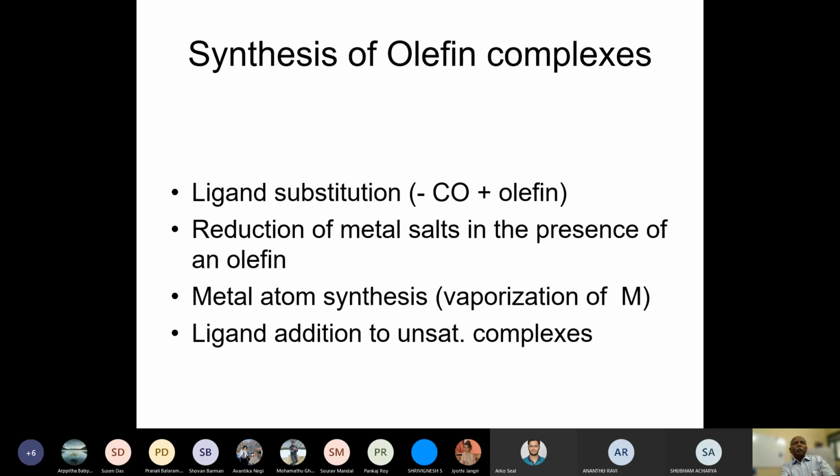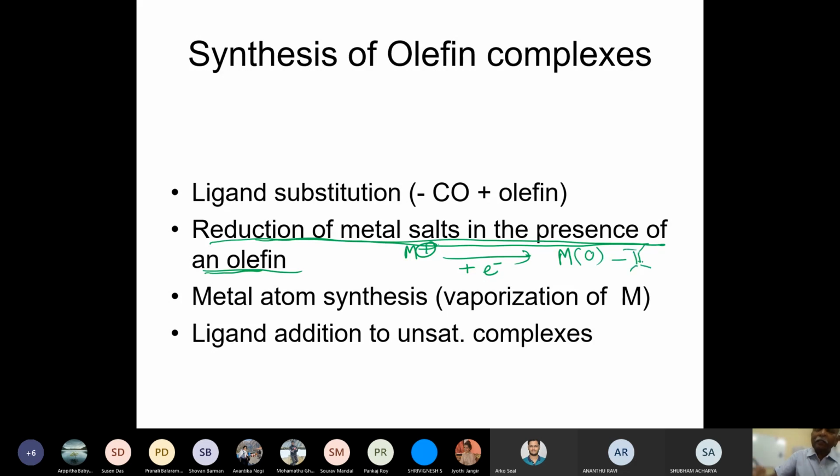So the second thing that I have noted here is the general way by which you can make a metal olefin complex. If you start with the metal salt, you would have to reduce the metal salt, M plus salt would have to be reduced plus e, and brought to the metal zero state, and the metal zero state will now interact with olefins, right?